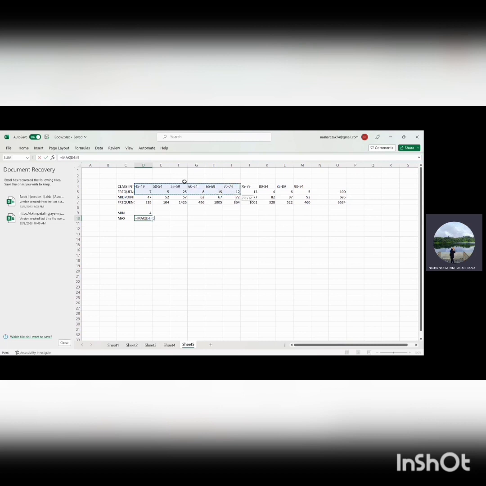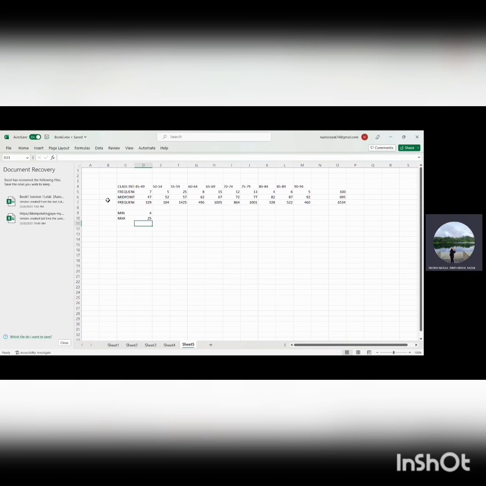The maximum is 25, while the minimum value is 4.